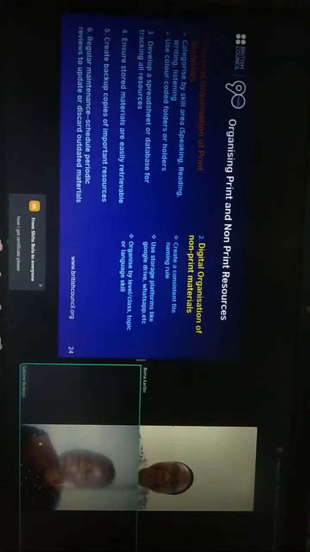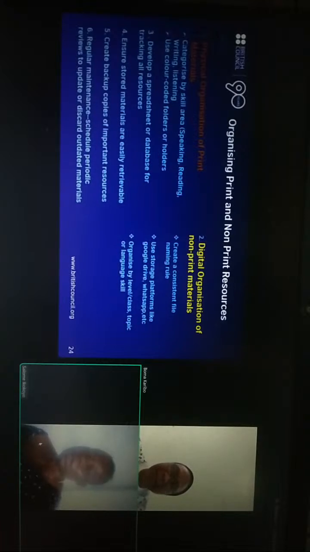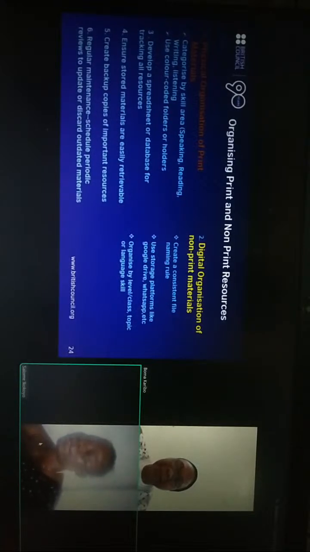We should ensure that stored materials are easily retrievable. If we keep them on our tables at work or in school, this color-coded method will make it easier to retrieve them whenever we need them. Then we could create backup copies of important resources. For regular maintenance, we should schedule periodic reviews to update or discard outdated materials.